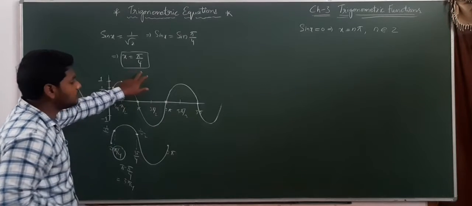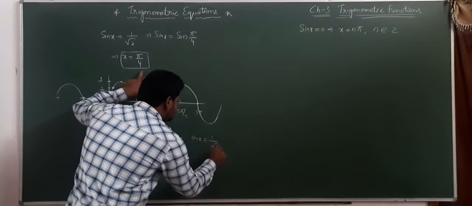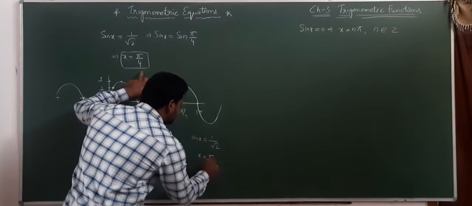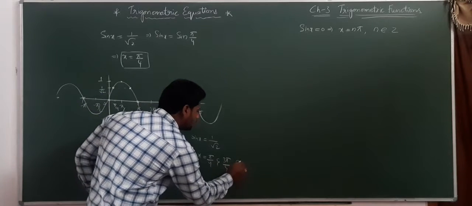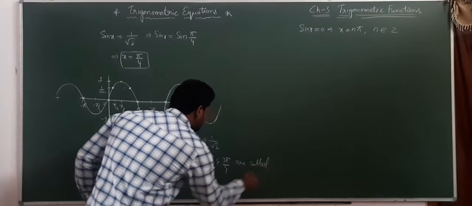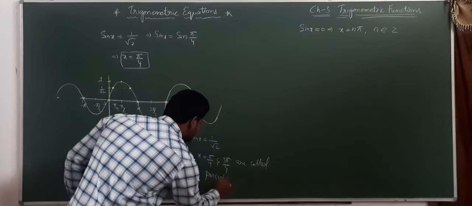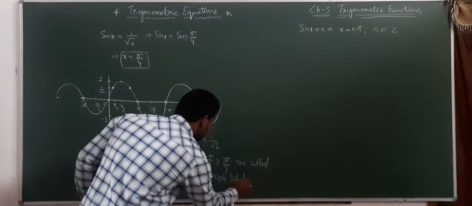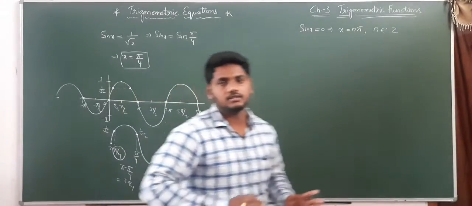Now not only x equal to pi by 4, if sin x equal to 1 by root 2, x equal to pi by 4 and 3 pi by 4 are called principal solutions. So what we call as principal solution, listen carefully.